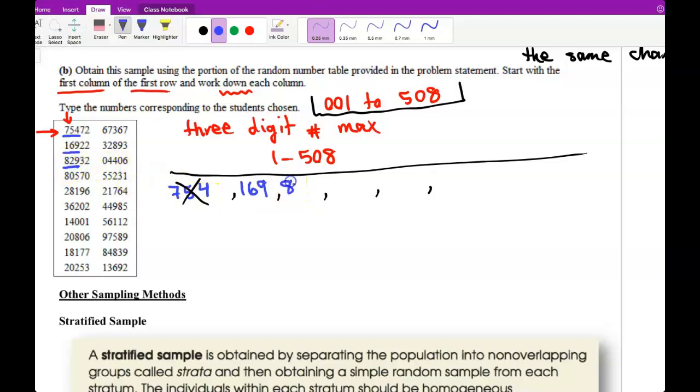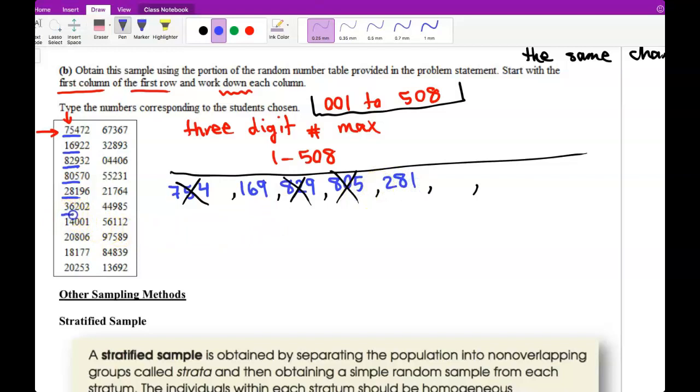829. This is greater than 508. It's not acceptable. The next one, 805, again is greater than 508. Next one, 281.